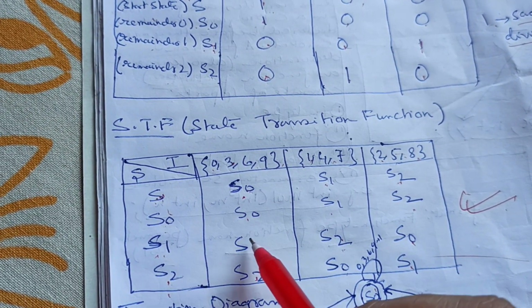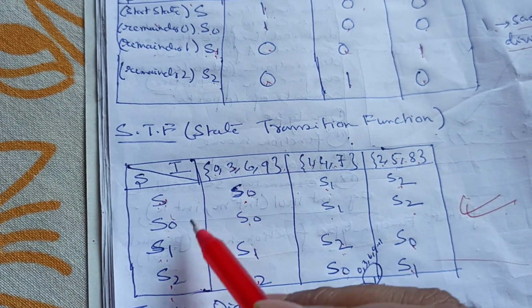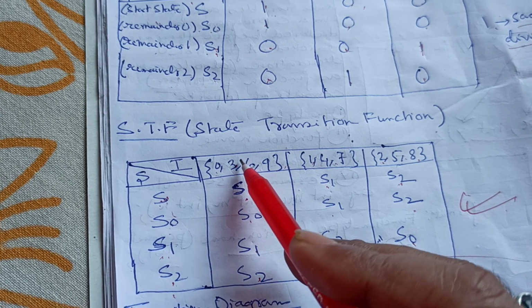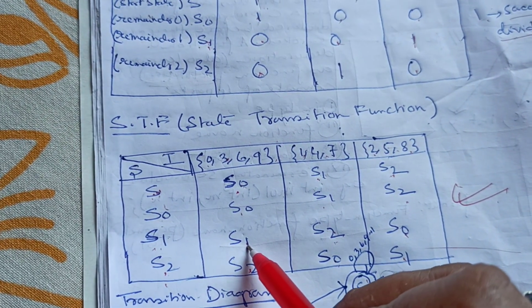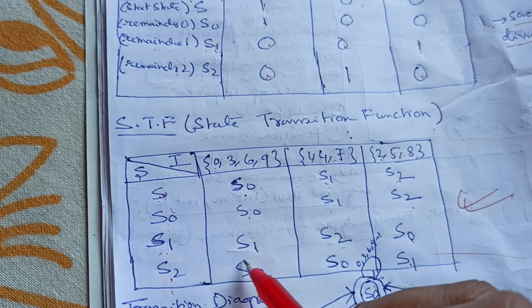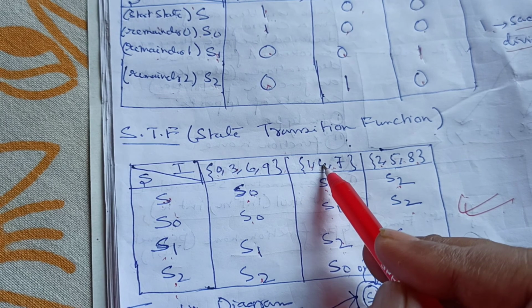Now we are going to S1. S1 means remainder is 1, so 3 plus 1 is 4. Now if you divide 4 by 3, you will get remainder 1, so it should go to S1 state, that is when the remainder is 1. Now it is 4.